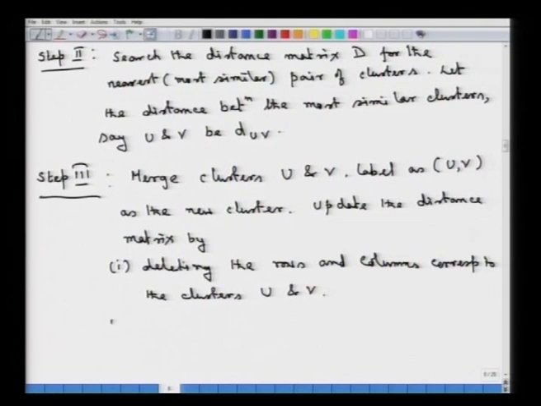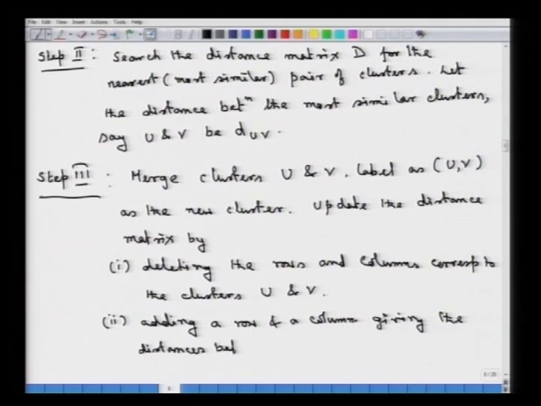That is the first thing one has to do, and the second thing is done by adding a row and a column, giving the distances between the newly formed cluster uv and the remaining clusters in that distance matrix.